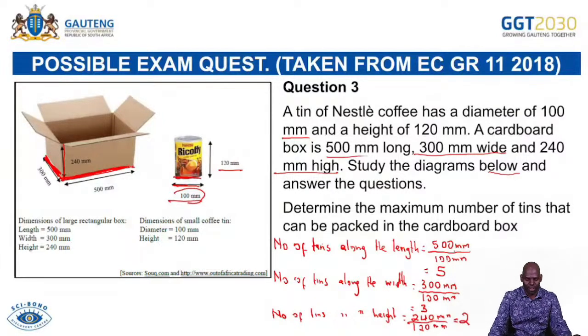I'm just going to indicate it there. So it means we can actually have 2 layers, the first layer and the second layer, because 2 tins can be stacked on each other.